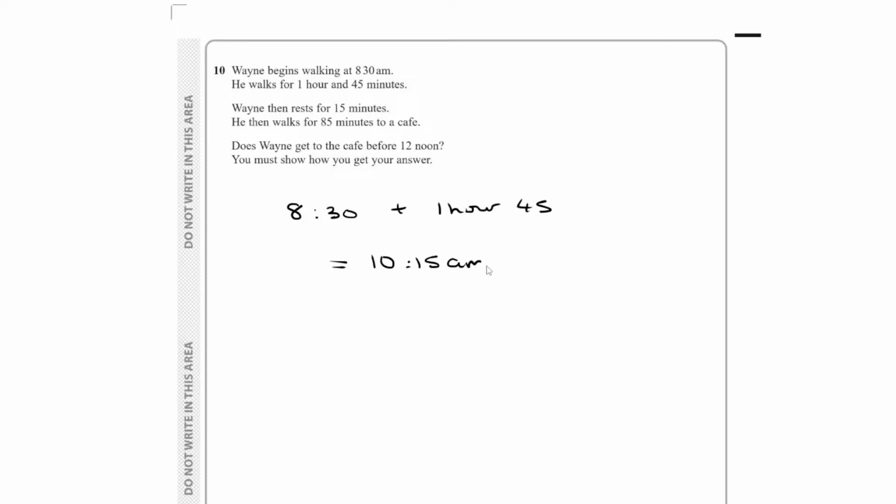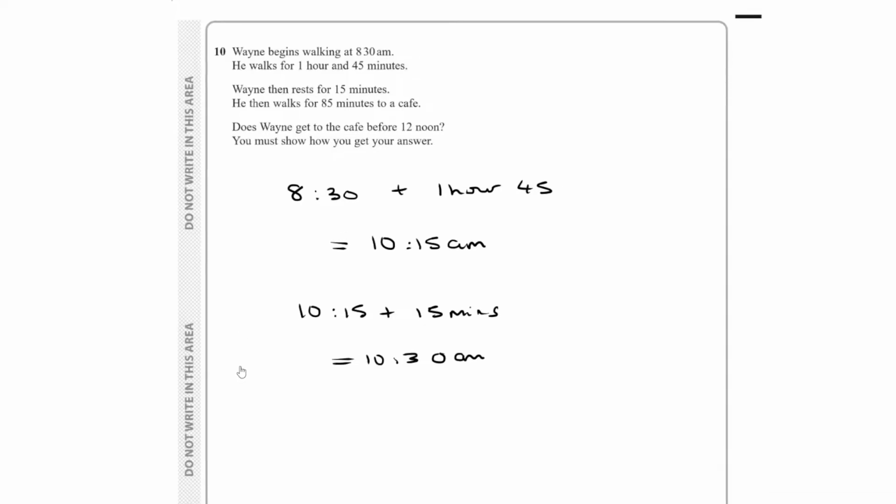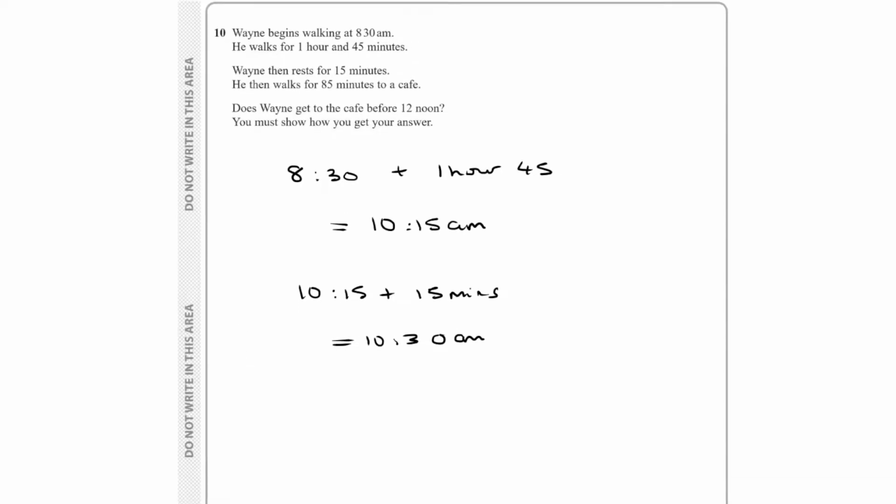He then stays there or rests for 15 minutes. So then that would be, obviously, 10:30, wouldn't it? 10:30 a.m. And then he walks for 85 minutes. So 85 minutes, if we take away 60, because 60 minutes is 1 hour, isn't it?